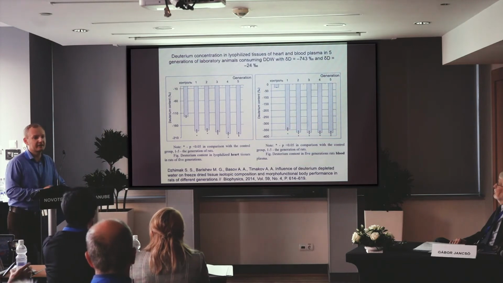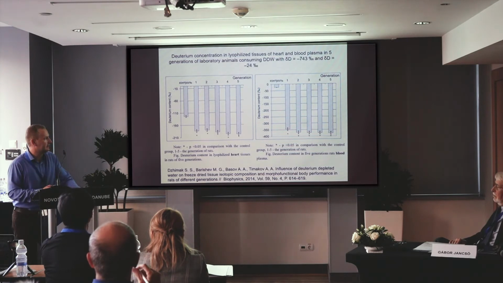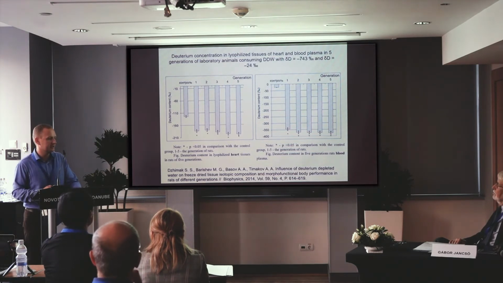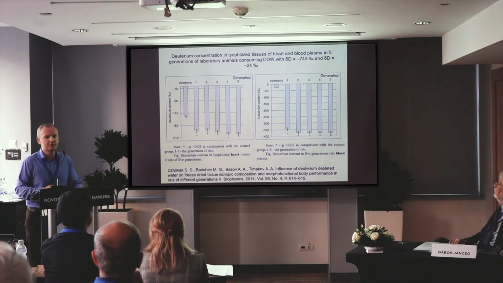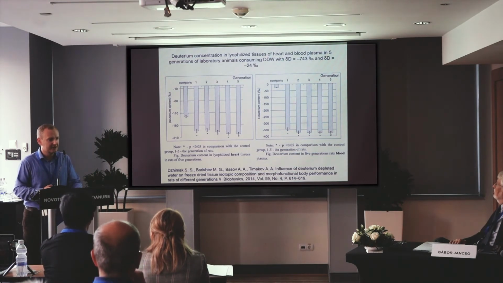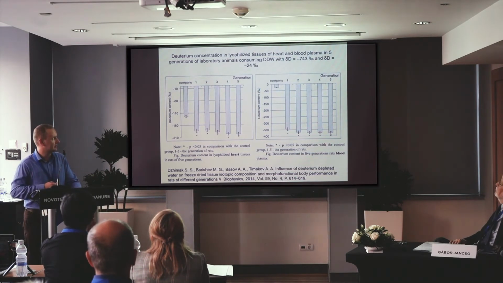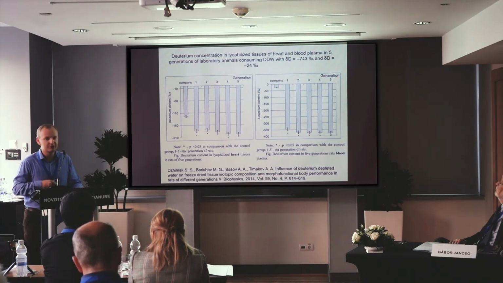We can see that at first there is a D/H gradient between blood plasma and tissues: the concentration of deuterium in blood plasma is much more than in tissues. But after consumption of deuterium-depleted water, the concentration of deuterium in blood plasma became less than in tissues.